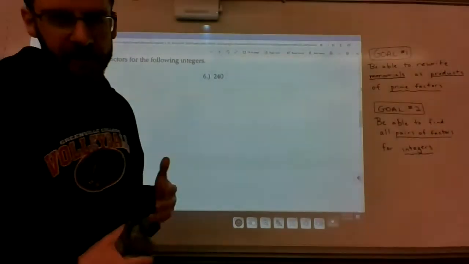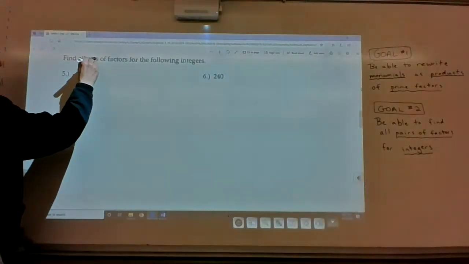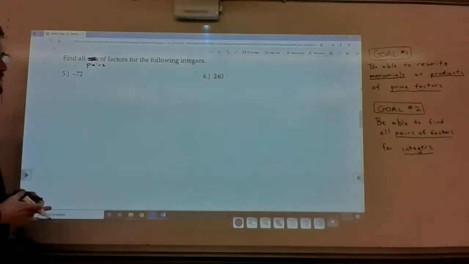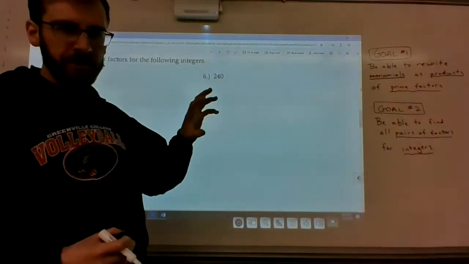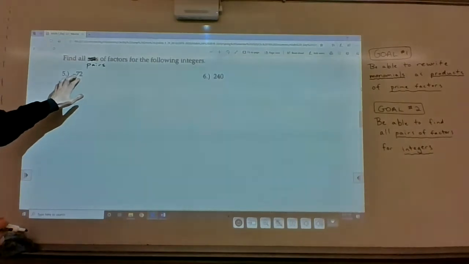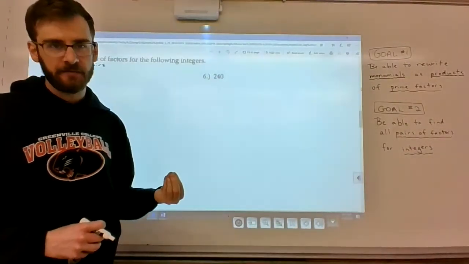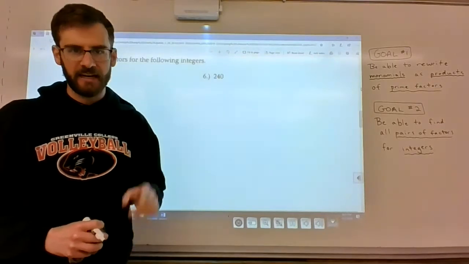So sets of factors, or really they should be called pairs of factors, are basically just me asking, what two numbers could I multiply together to get negative 72? And what two numbers could I multiply together to get 240? There should be a pretty extensive list for each of them. It's not just a one and done answer.